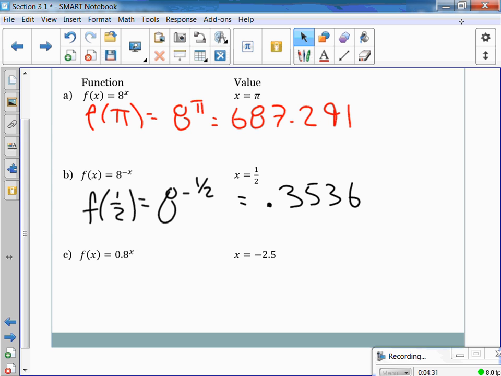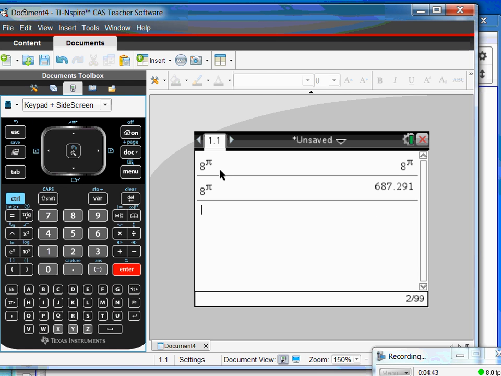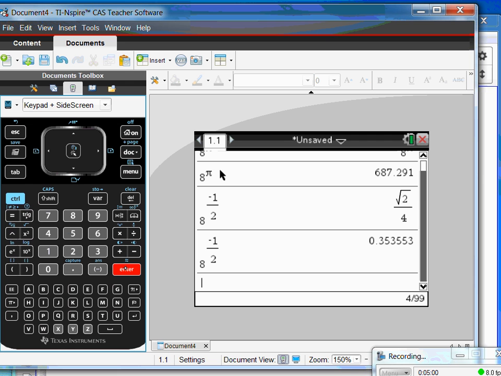Because of the negative, here's the one that's like a square root. So 8 to the negative 1/2. We have our 8, coming up with that 0.353553. You got the negative in there? Good to go?